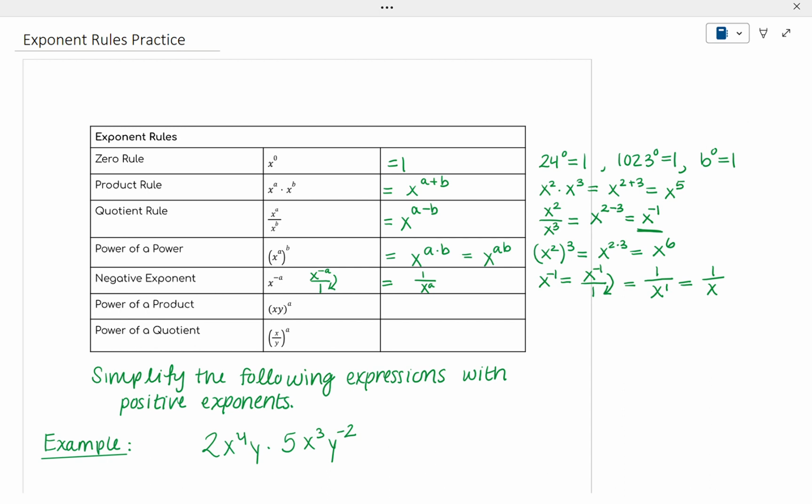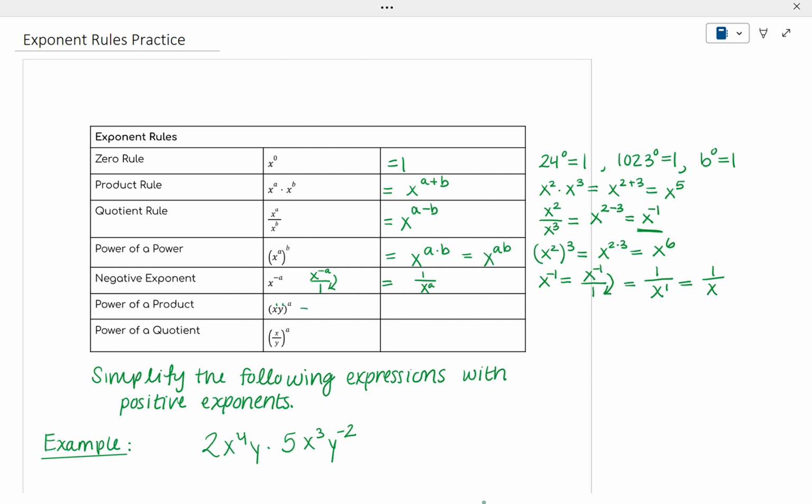Power of a product. So when the variables are different, when you have two separate variables, xy to the a, you distribute the a to each of the exponents of the variables. So when you have just x and y here, the exponents really are just 1.